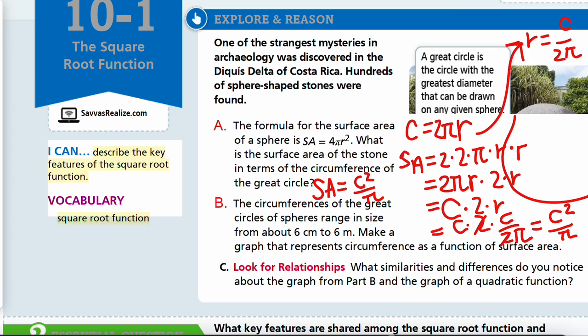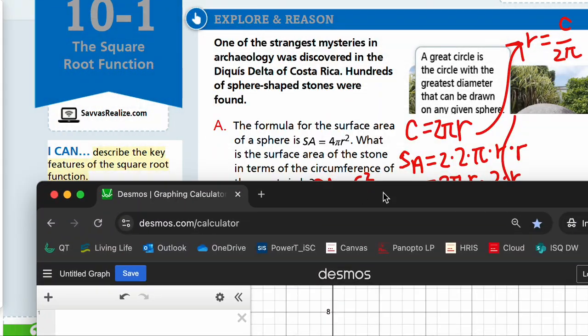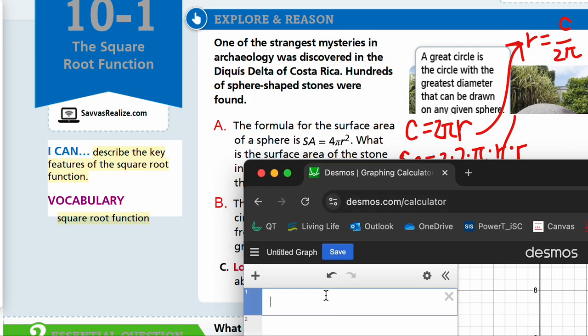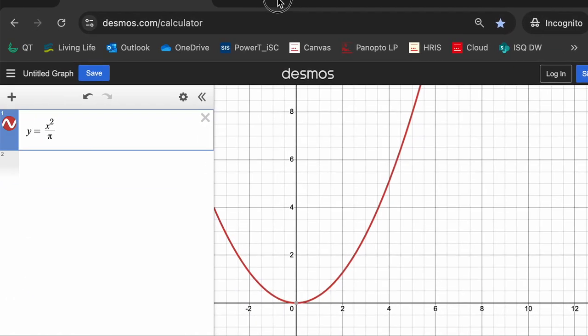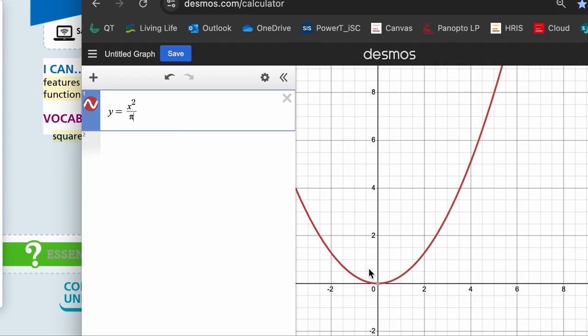Then we could just type in the function equation. So SA, we'll let that be surface area be y, and circumference be x squared all over pi, right? And then we have this curve. But then our surface area and circumference can't be negative, so we're going to write where x is greater than or equal to zero.